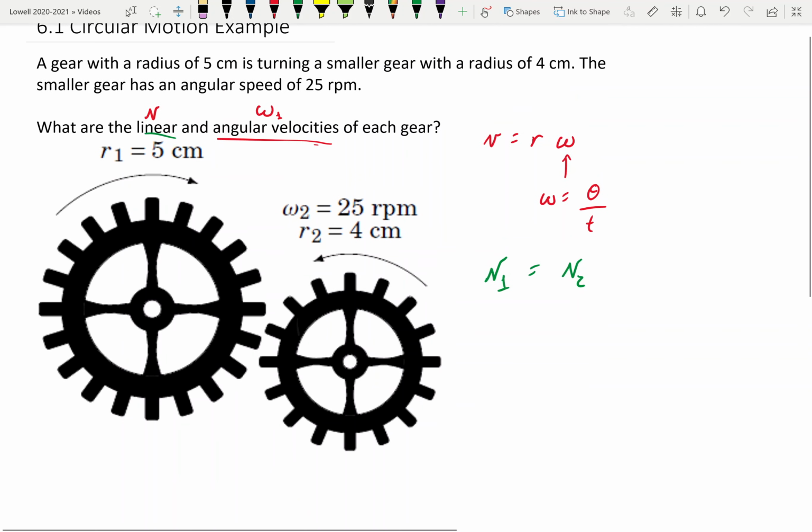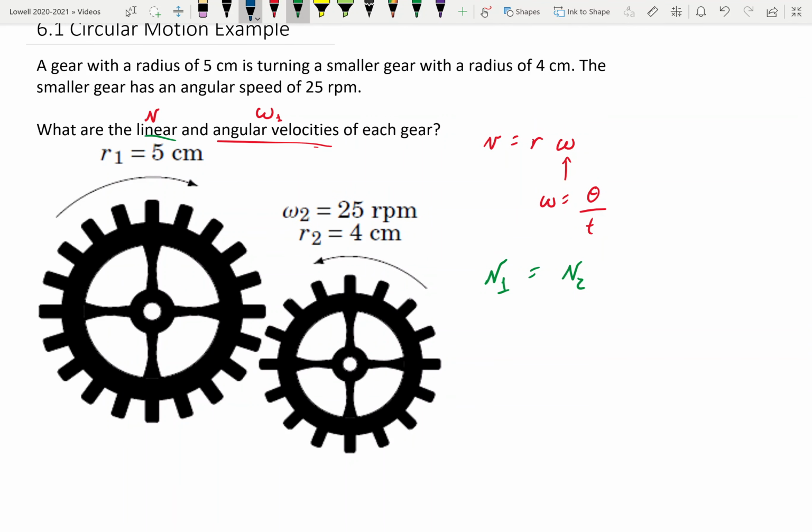Okay, if that's the case, then I can rearrange this equation. If I divide both sides by r, then the linear velocity divided by r gives you the angular velocity.